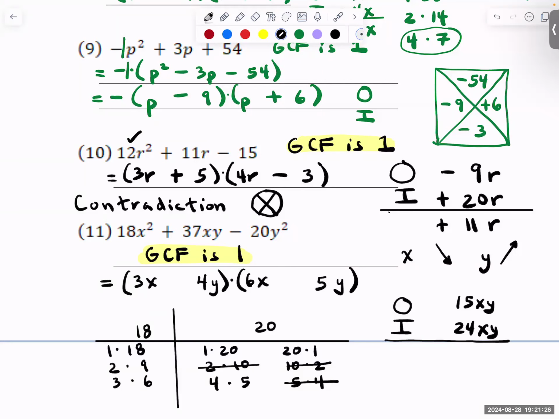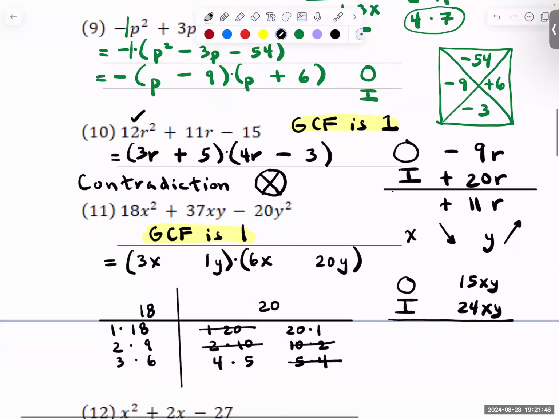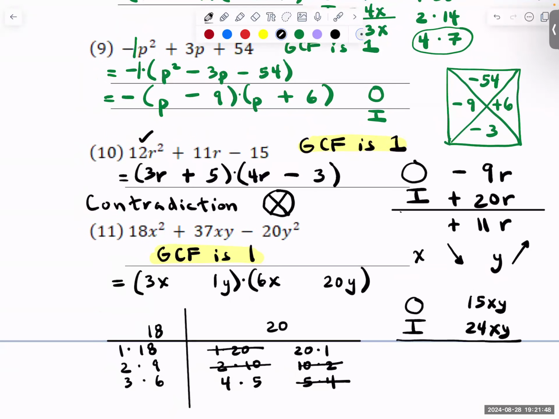And let's cross out 1 and 20 because we can't have 20 paired with 6 because then there'd be a common factor of 2. So that's out. So we've exhausted the possible pairs of factors of 20.